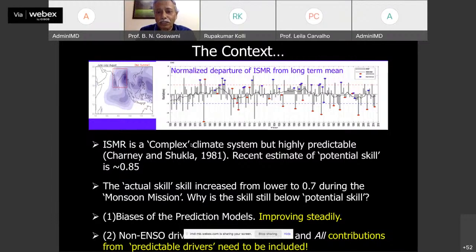That, I think, is a major concern. In that context, my talk today is going to identify the association with the North Atlantic as one of the most important potential drivers.